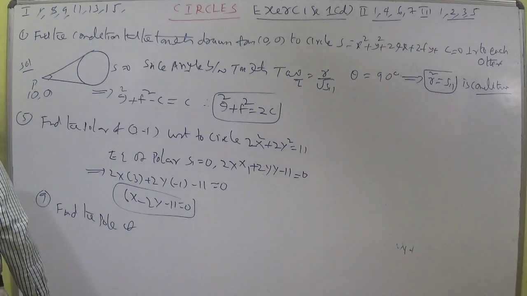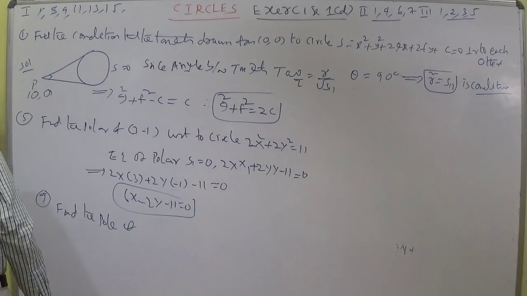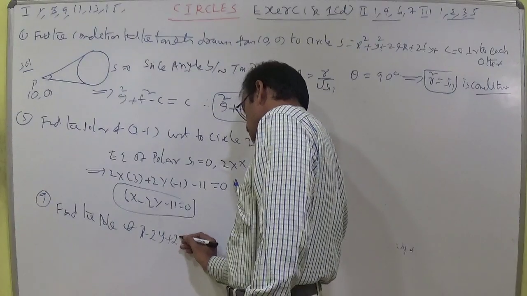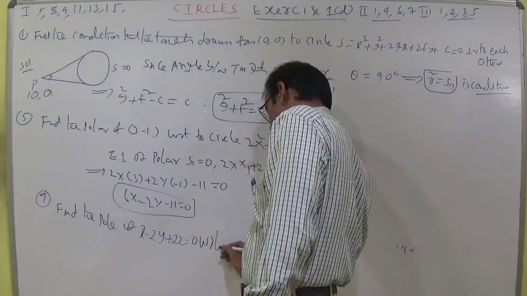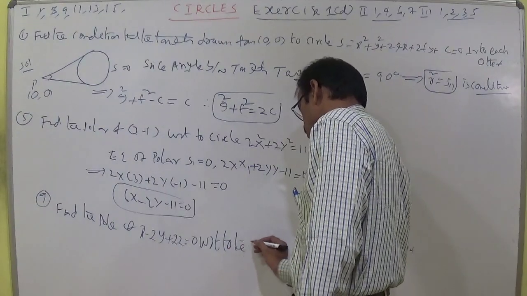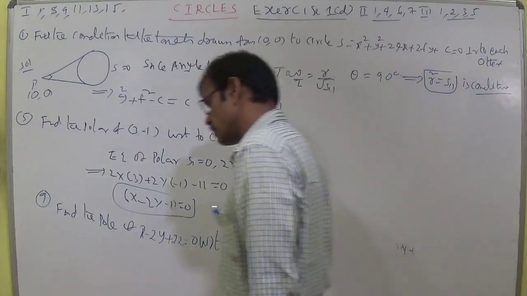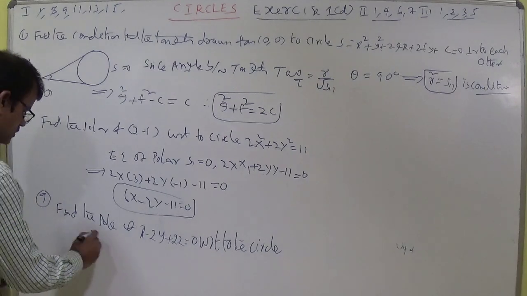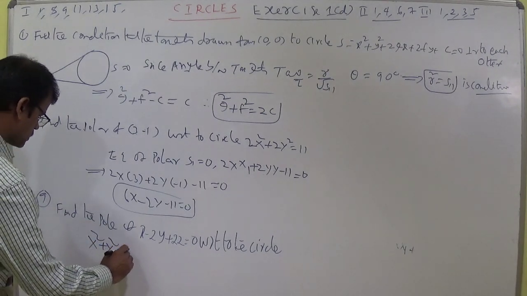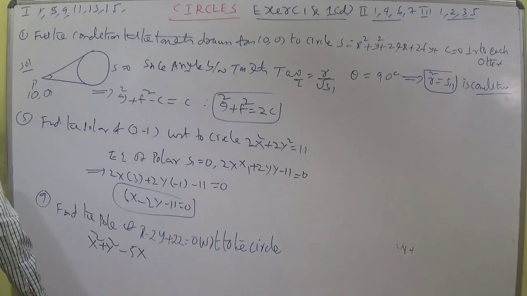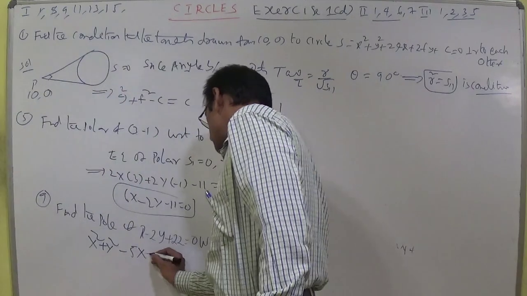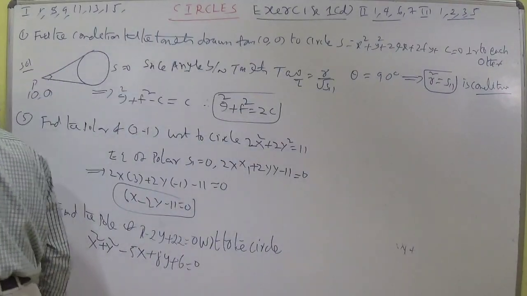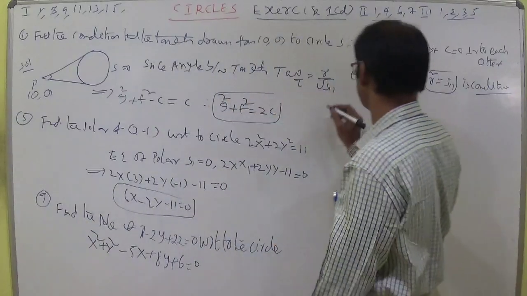Find the pole of the line x - 2y + 22 = 0 with respect to the circle x² + y² - 5x + 8y + 6 = 0.